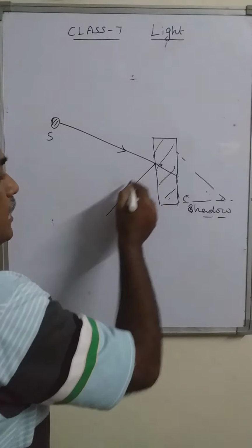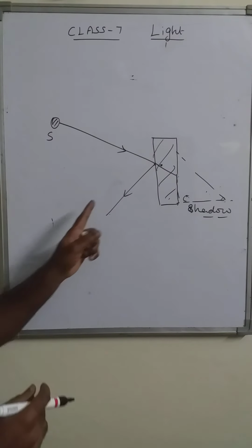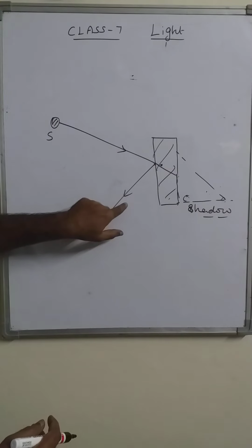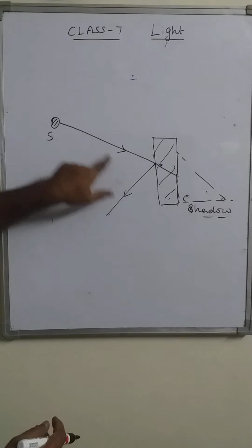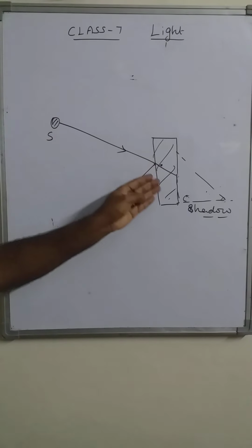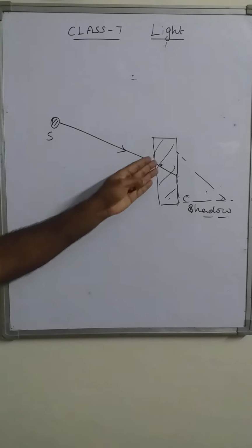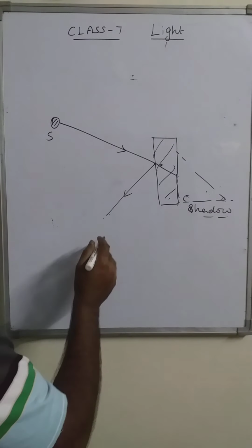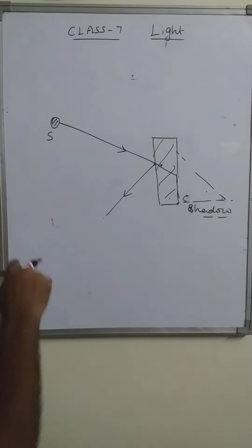Then after the reflection of light, what happens to the reflected light? Here we are assuming only one light ray. A number of light rays are coming. After reflection, all the reflected light rays may meet at a single point.